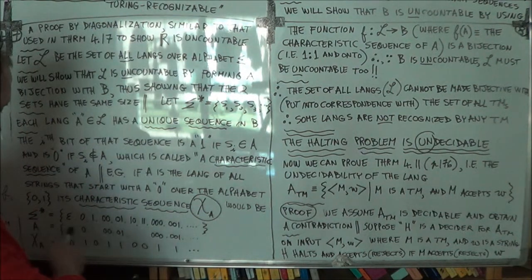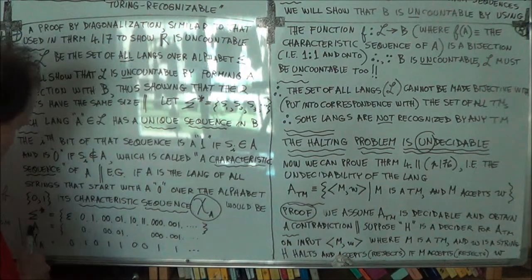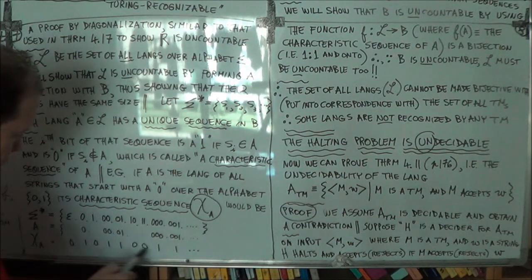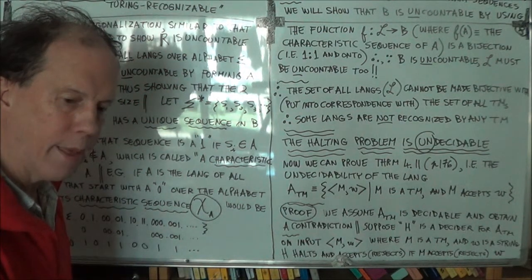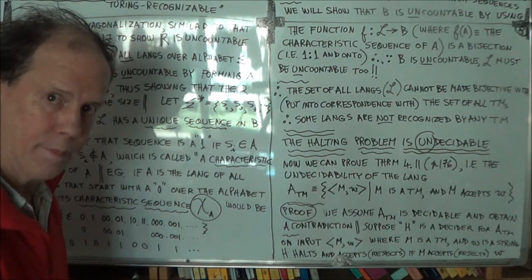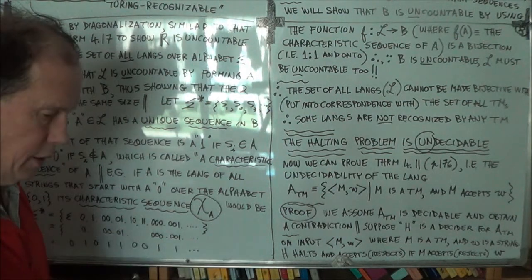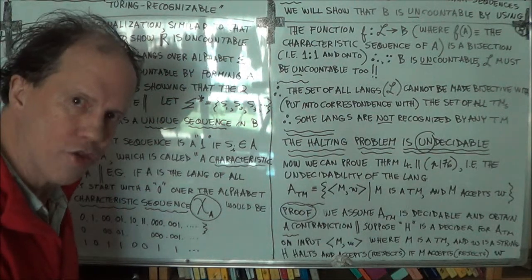For each language, here's an example of a language, and for each language, you'll have a characteristic sequence. They're all members of B, right? Can you see that?